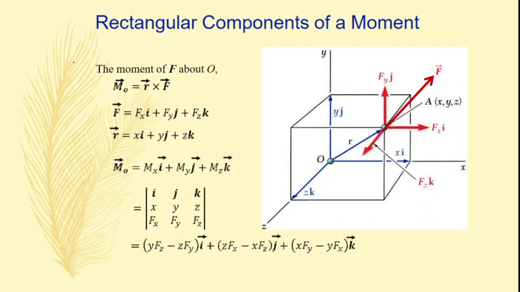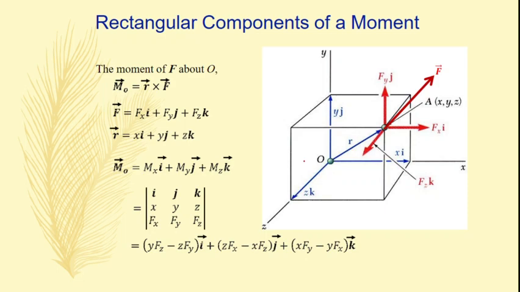Now suppose this is a Cartesian coordinate system, x, y, z, and i, j, k are the unit vectors along the x, y, and z directions respectively. Suppose there is a force at this point which acts in this way, and the force has three components in the x, y, and z directions, that is Fx, Fy, and Fz.